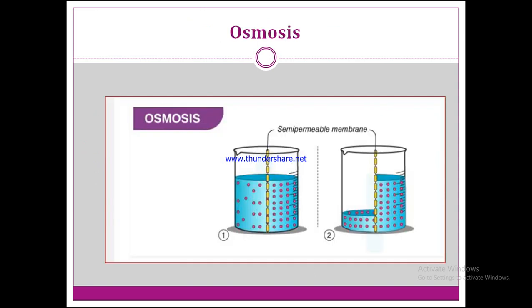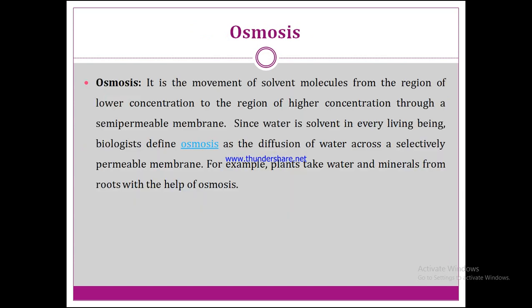The next one is osmosis, where the solvent molecules move from the region of lower concentration to the region of higher concentration through a semi-permeable membrane. Since water is a solvent in every living being, biologists define osmosis as the diffusion of water across a selectively permeable membrane.